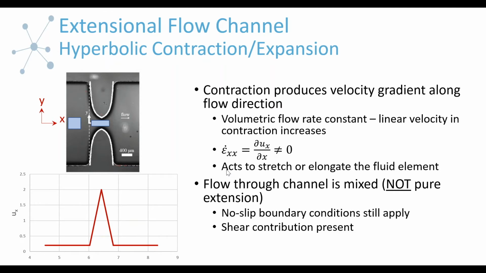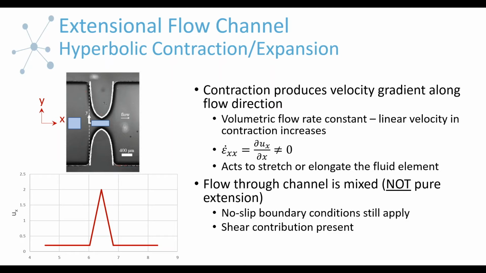So now this gradient in the direction of flow is going to act to stretch or elongate the fluid element. So this is the different type of deformation that you get by introducing the contraction. So that's the big distinction between the two types of viscosities, the shearing motion versus the stretching or elongation of the fluid element.